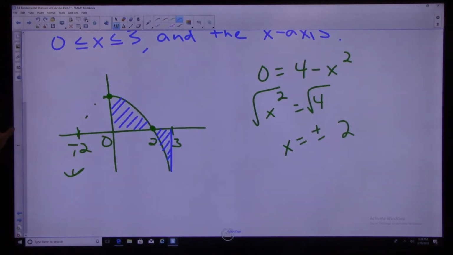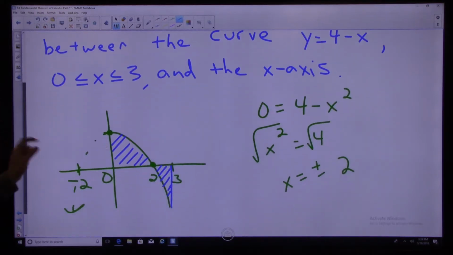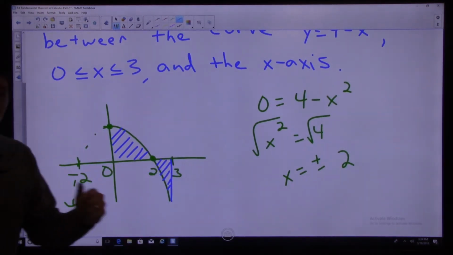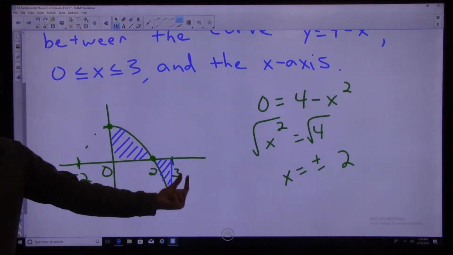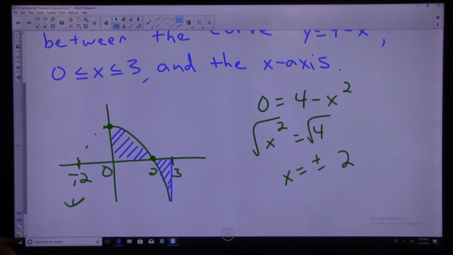That's what this means. And when it says find the area of the region between the curve and the x-axis, we need to add this area to this area. Now, if we just go ahead and integrate from 0 to 3, it's going to take this area and subtract this area. So I want to make sure you guys are aware of that, okay? So we can't just take the integral from 0 to 3.